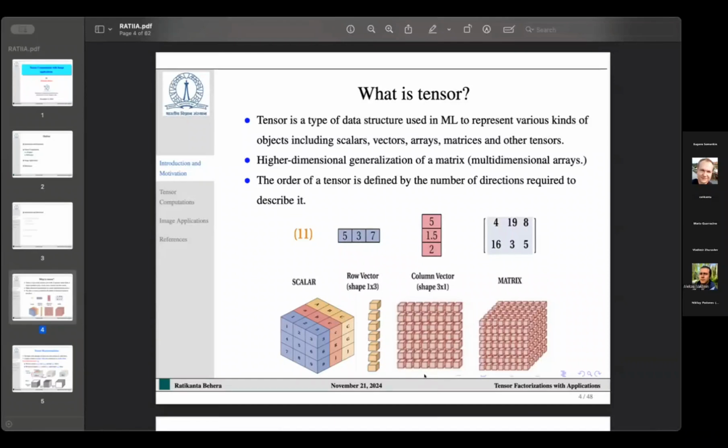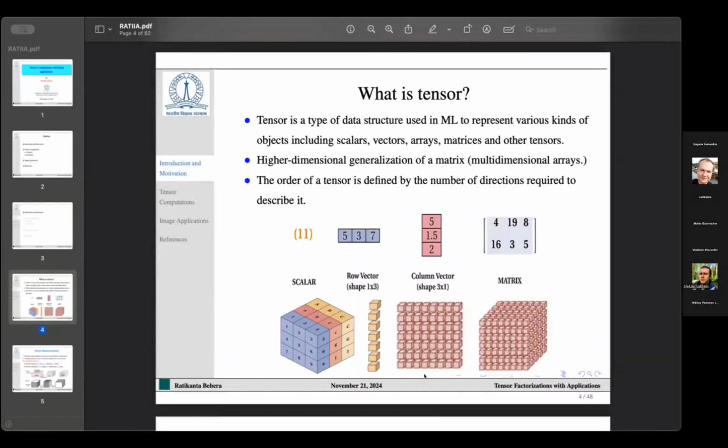However, a vector is either a row vector or a column vector, so both are in one direction. This is row wise and this is column wise. Then comes the matrix. A matrix is a second order tensor, which means there are two directions, one row wise and one column wise.